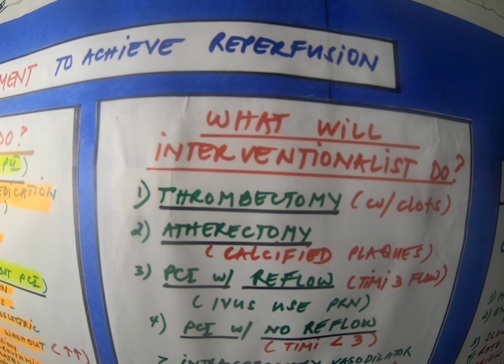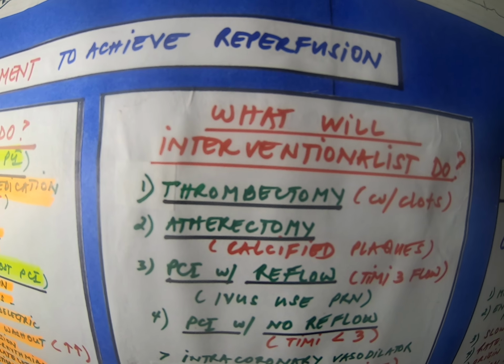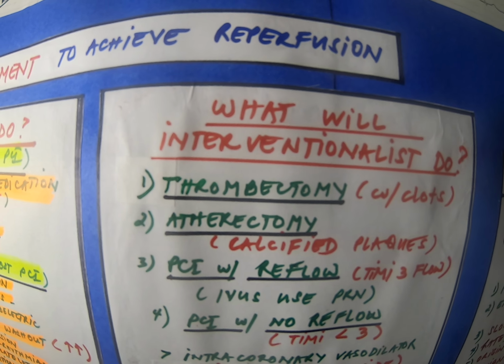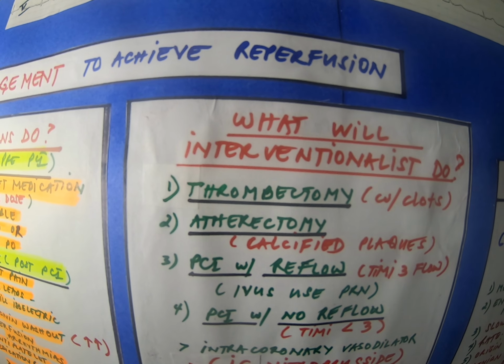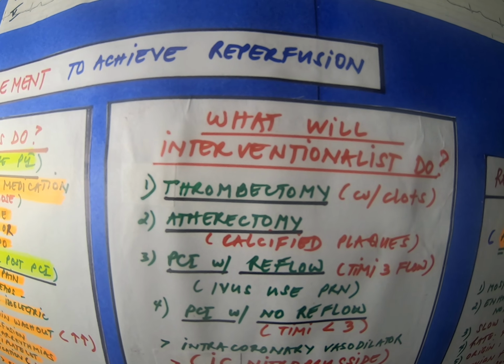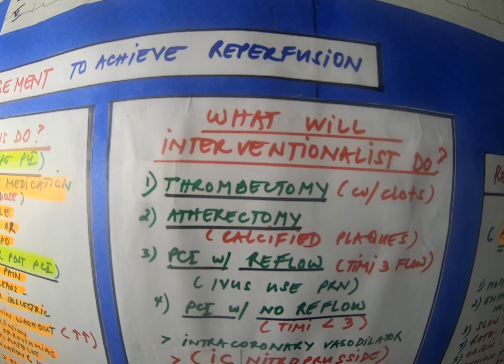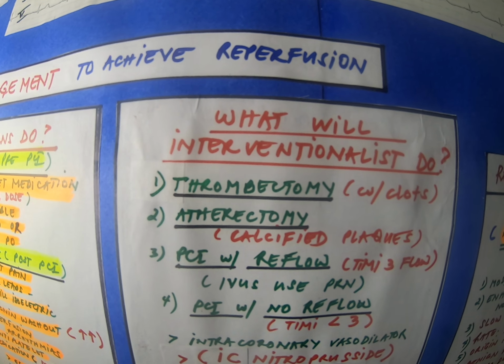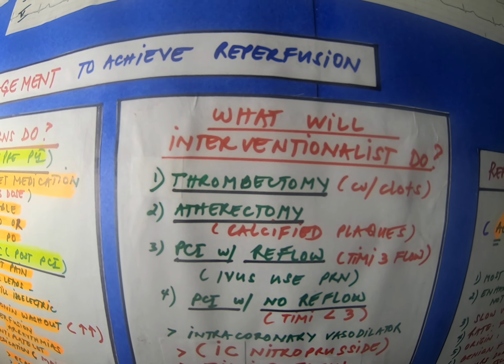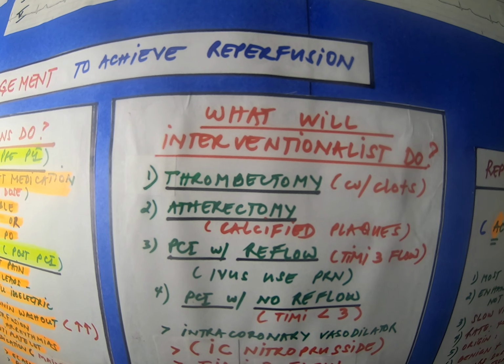If there are heavily calcified lesions inside, the doctor will do rotablation. With rotablation, the plaques are broken into very fine, refined particles, which are safe, and they will pass out into the circulation.